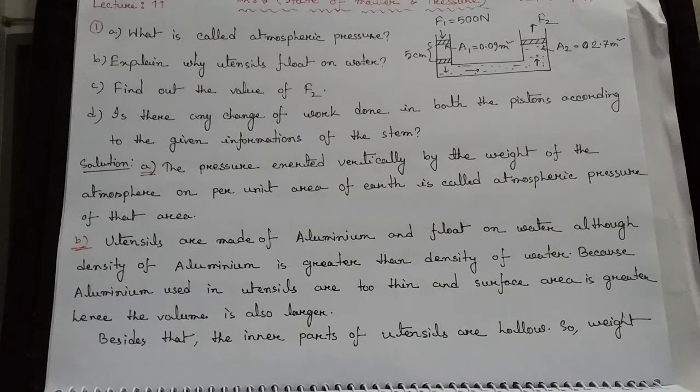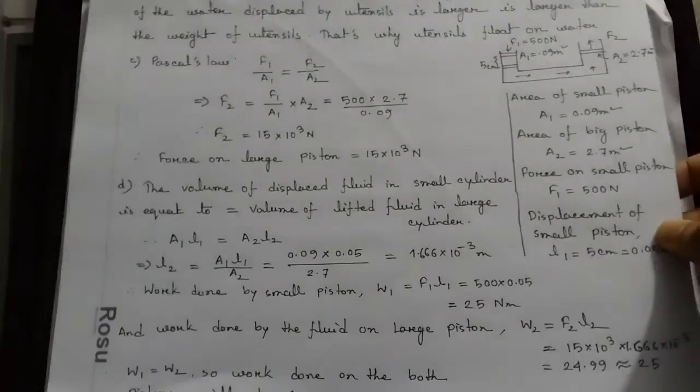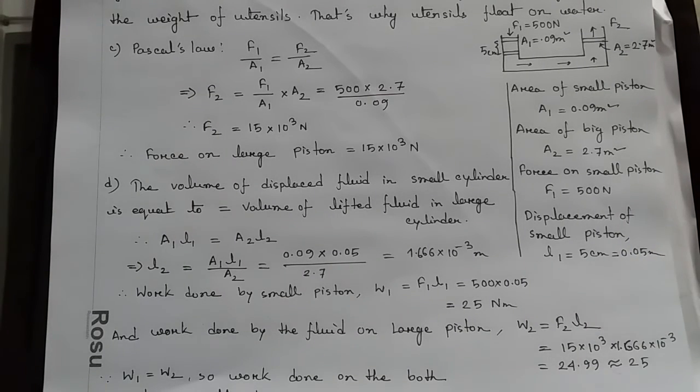Here the condition is the weight of displaced water will be larger than the weight of that object. So in case of utensils, the inner parts of utensils are hollow, so the weight of the water displaced by utensils is larger than the weight of the utensils. So from Archimedes law we can say that the utensils will float on water.